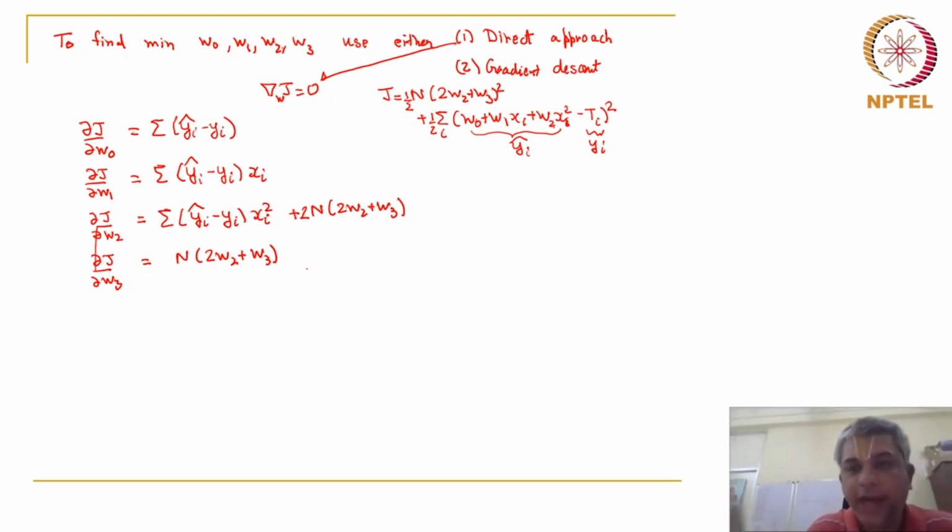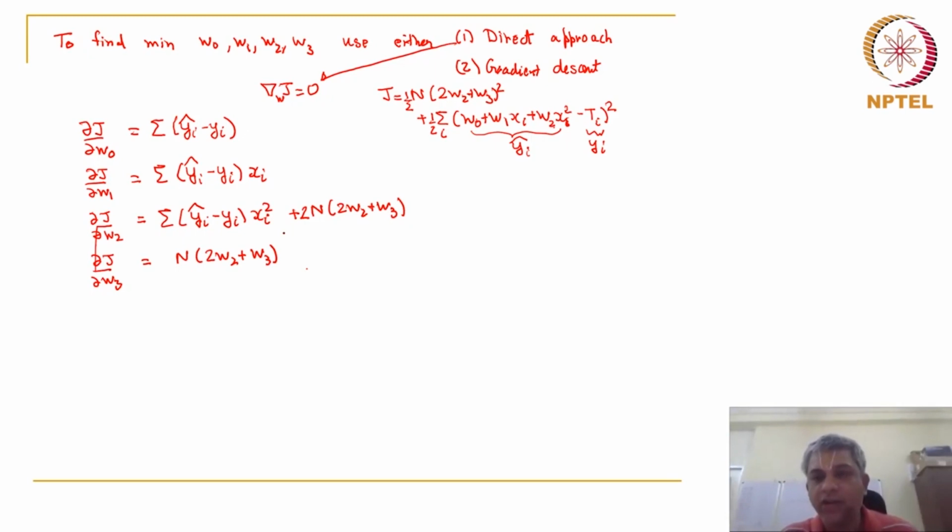So when we do a direct approach, luckily you will notice all these are linear in w2, w3, w0, w1. So you can set all these 4 equations equal to 0, and you will get a solution for w0, w1, w2, w3.